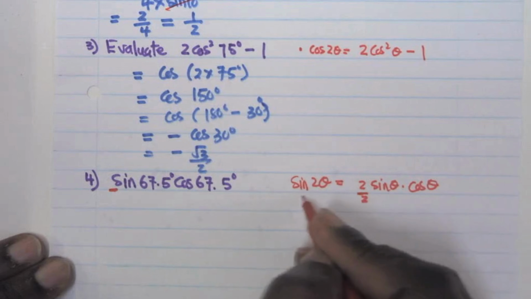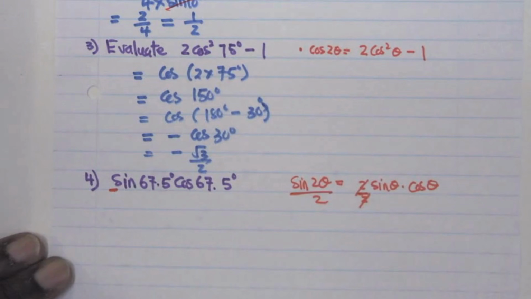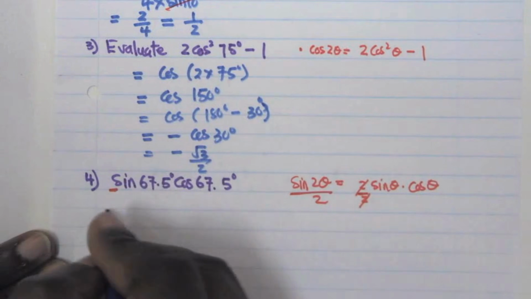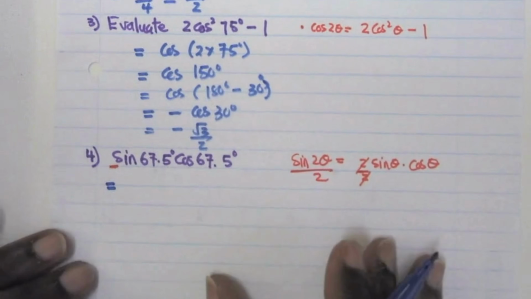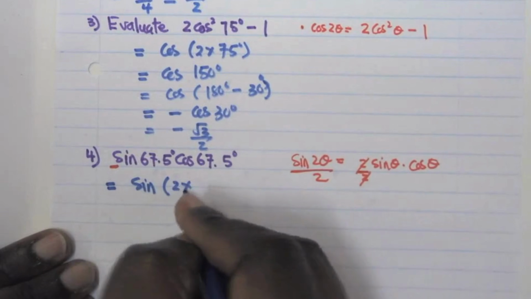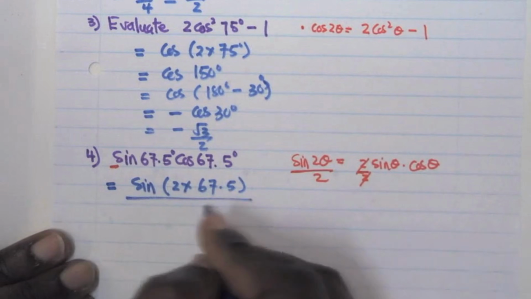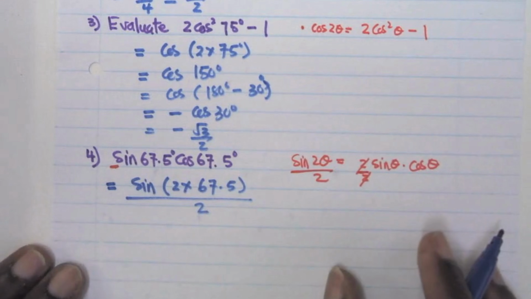So I can divide both sides by 2. And if I do that, I can now proceed to do my question here. This is going to be sine of 2 times, but I must divide it by 2.